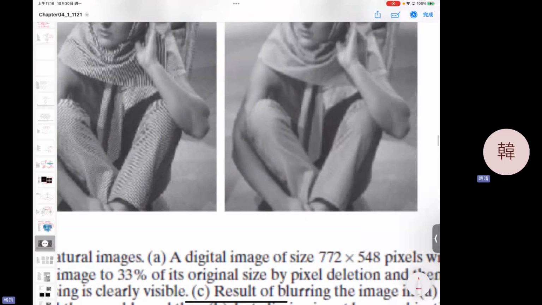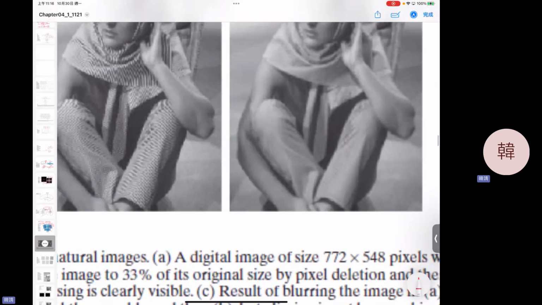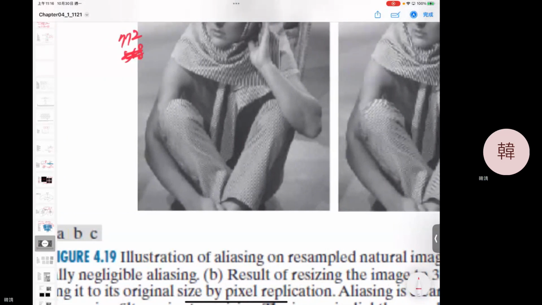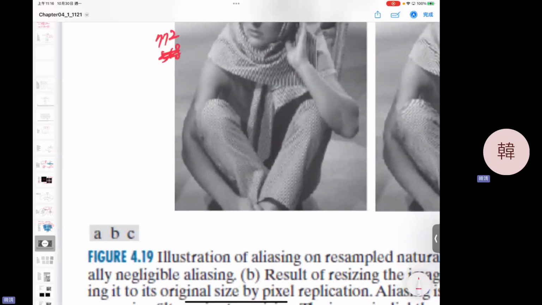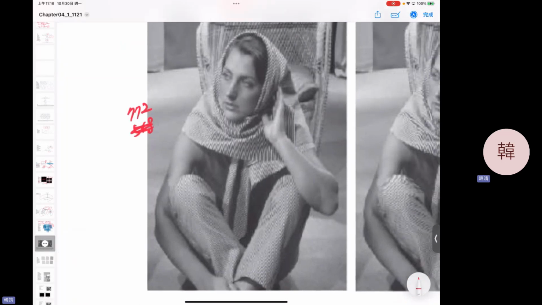A is the digital image of 772 by 548 pixels with negligible aliasing. So this image is the original one. Okay. The resolution used is 700 by 500, and this is the original image.